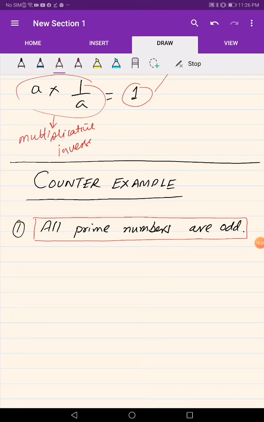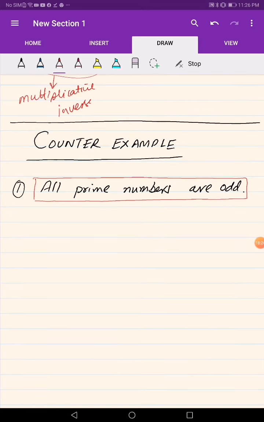Yes, I know prime numbers. My prime numbers don't start from 1. I write 2, 3, 5, 7, 11, 13, 17, and so on and so forth.